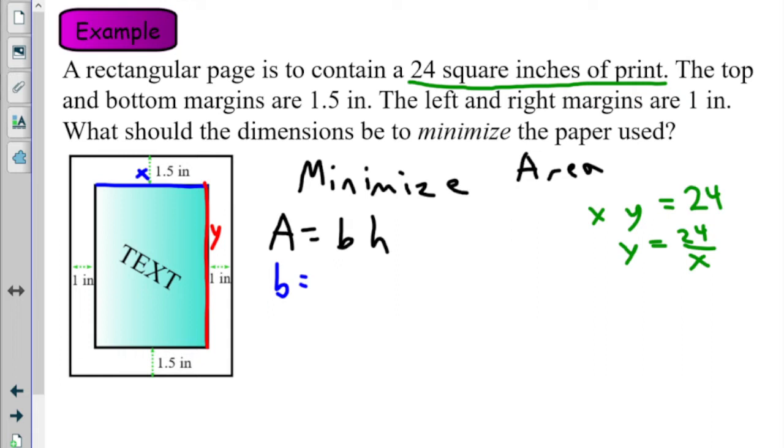We have a 1 inch margin plus our amount of text, our horizontal distance along the text. And is that our entire distance? No, we need to add the other margin, which is 1. So our base is going to be x plus 2.